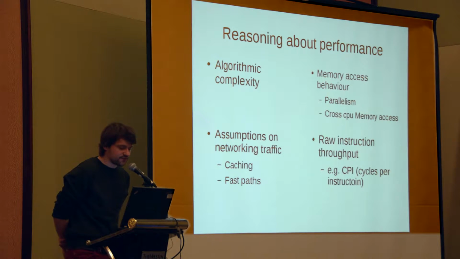Then, a bit like algorithmic complexity, we have assumptions on network traffic. For example, specific offloads we have in the kernel, like receive offloads, only work if specific trains of packets are received in a short period of time, so they can get aggregated.